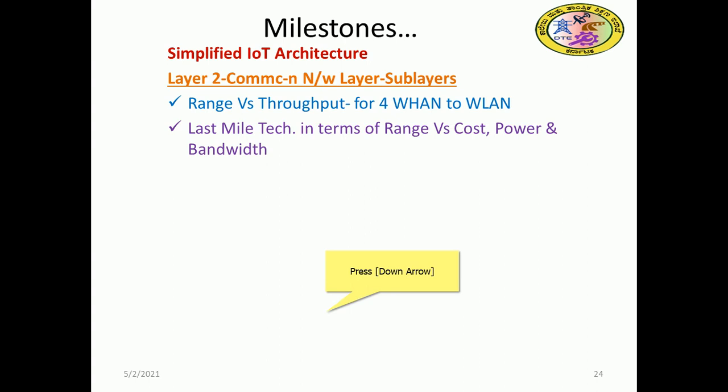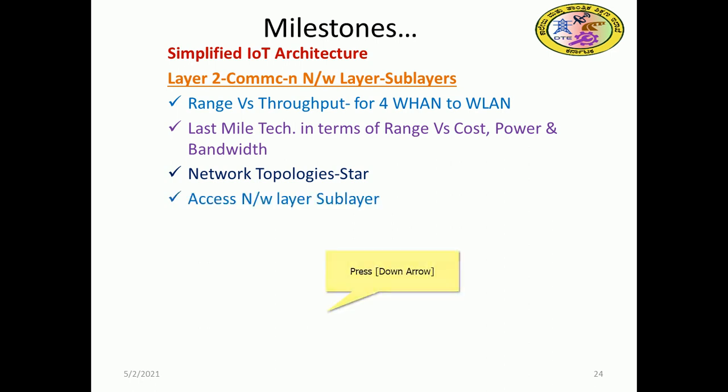Last mile technologies we have seen: Zigbee, BLE, 802.11ah and 802.11n, range versus cost and power versus bandwidth. Network topologies we have seen: star, mesh and cluster. Reduced function device is a leaf, and full function device is a root. An FFD can talk with an FFD or with an RFD. An RFD cannot talk with an RFD, that is possible only via an FFD.